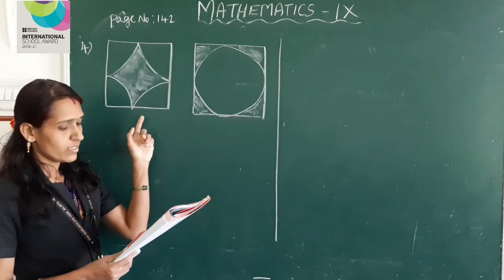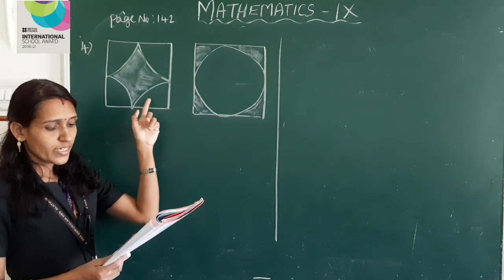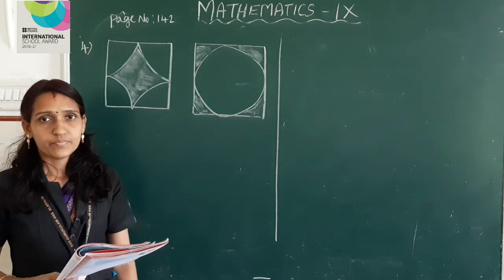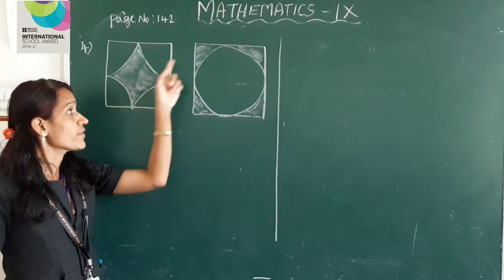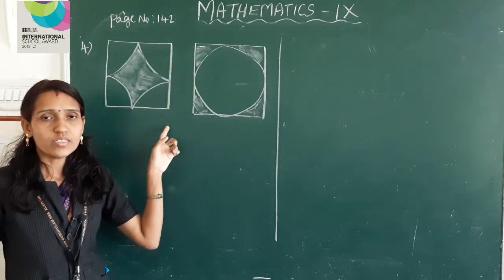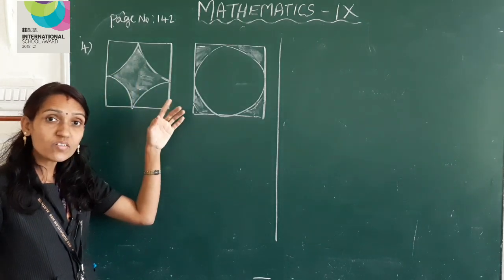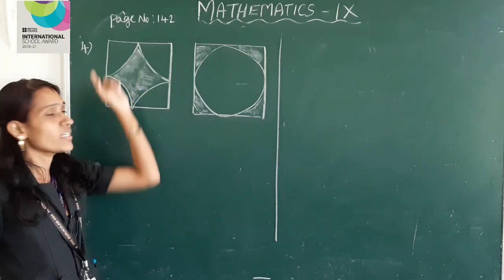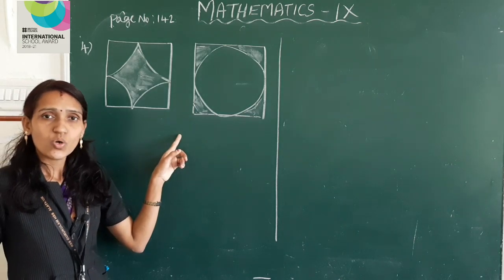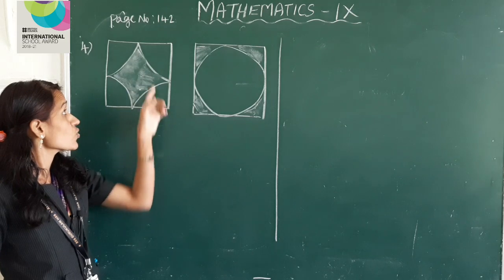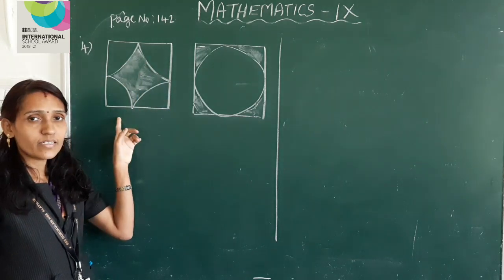Next, in the two pictures below, the squares are of the same size. Prove that the shaded regions are of the same area. To find the area of the shaded portion, subtract the area of the unshaded portion from the area of the square. Okay. In the first figure, there are 4 sectors, right?